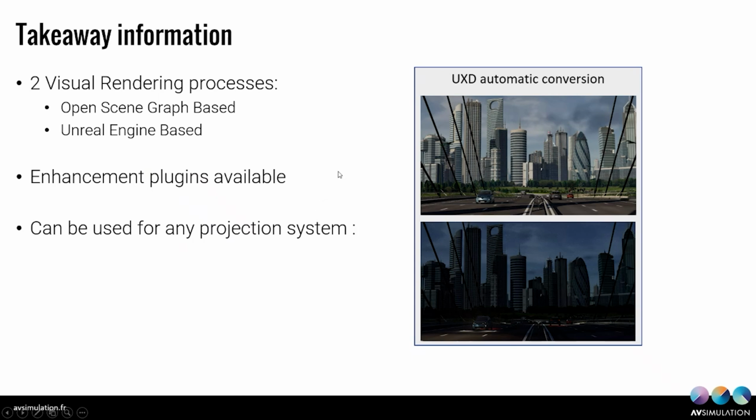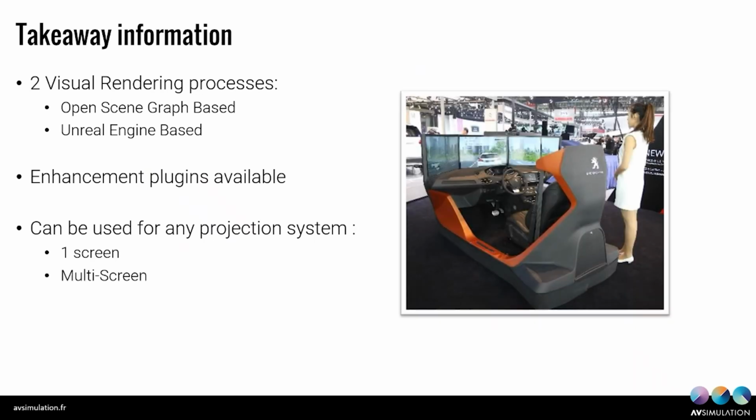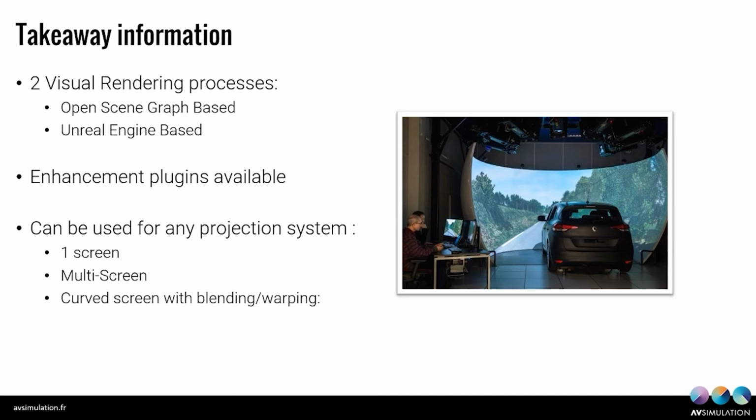Another thing about the visual rendering process is that it can be used for any projection system. That is very important because you can use it on a single screen, like I have used it during this presentation, or you can use it in a multi-screen, multi-flat screen environment, like on this simulator you see here, which we built for Peugeot.